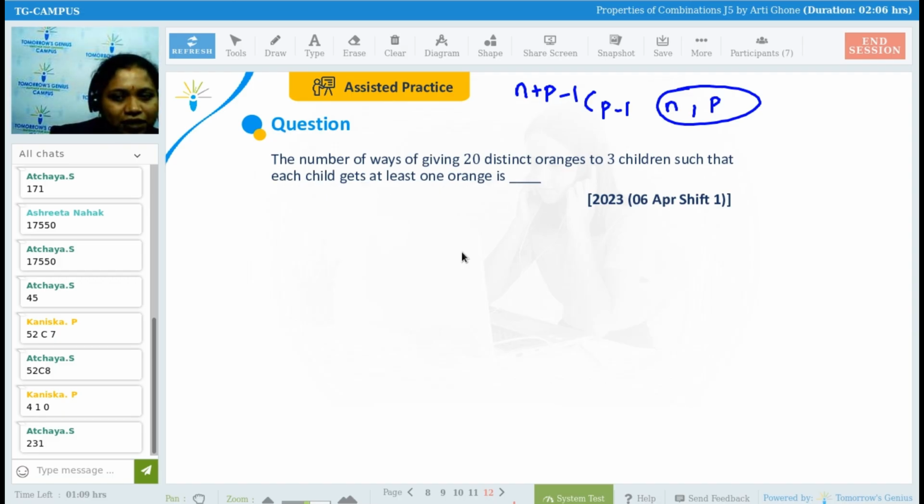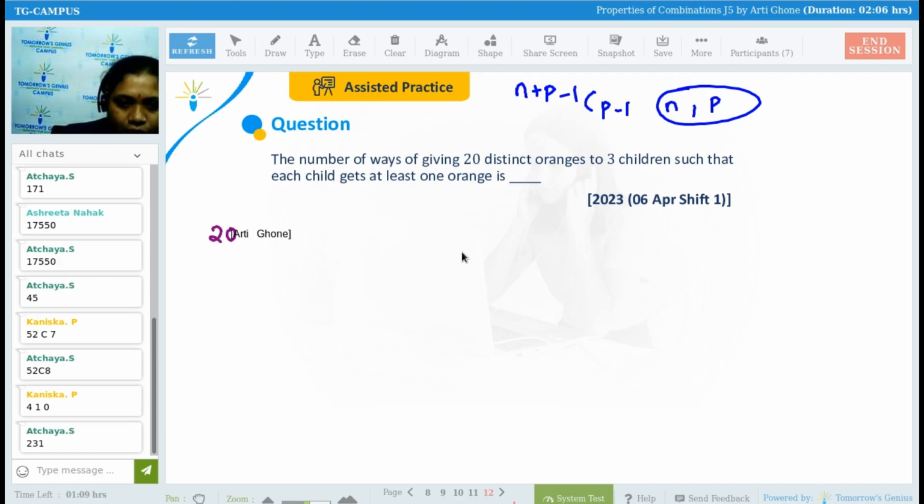If this condition was not given, then the distribution could be 20, 0, 0. This can be one way also. But they are not saying like this. They are saying that at least one orange will be given to each child. So if we see, there are 3 oranges already distributed among 3. Clear? Okay, so the n value is reduced to 17.